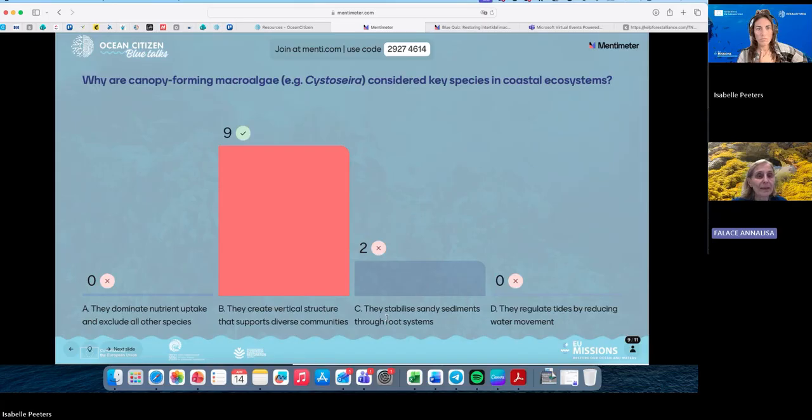Sorry, can you repeat the question? A couple people chose option C for the second question, stating that canopy-forming macroalgae are considered key species in coastal ecosystems because they stabilize sandy sediments. No, macroalgae normally live on a rocky substrate. They have no roots.